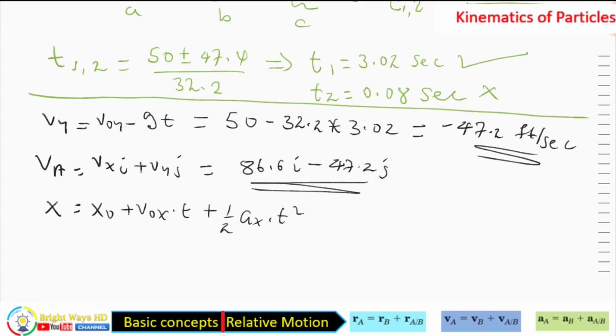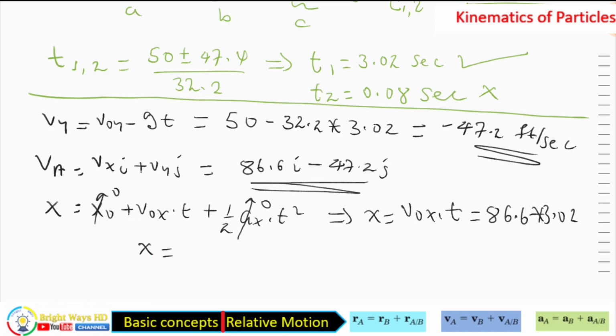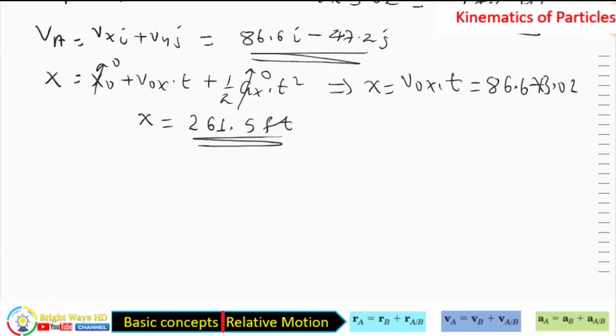If it is in the x component, there is no initial x, and there is no acceleration in the x because the velocity is constant. That means x will become v naught x times t. So this is equal to 86.6 times 3.02, and finally, x will become 261.5 feet.